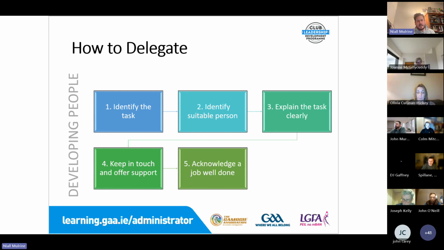You're going to have your subcommittees, you're going to have your officers, you're going to have people doing their specific function in the club. So if you're going to delegate your monthly financial reporting to your treasurer, that's already their job. So what kind of things can you as a chairperson do that can be delegated out?